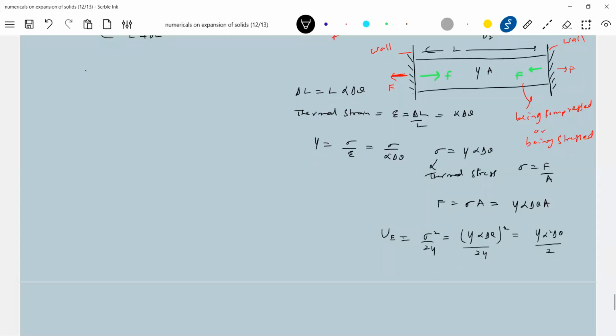Simplest thing, elastic potential energy is stored in the rod. So what is delta theta? Change in temperature. Tomorrow we'll take a few more better examples.